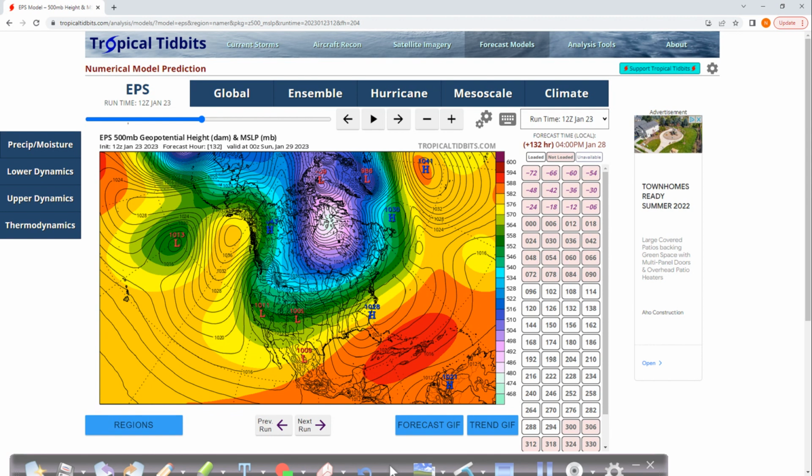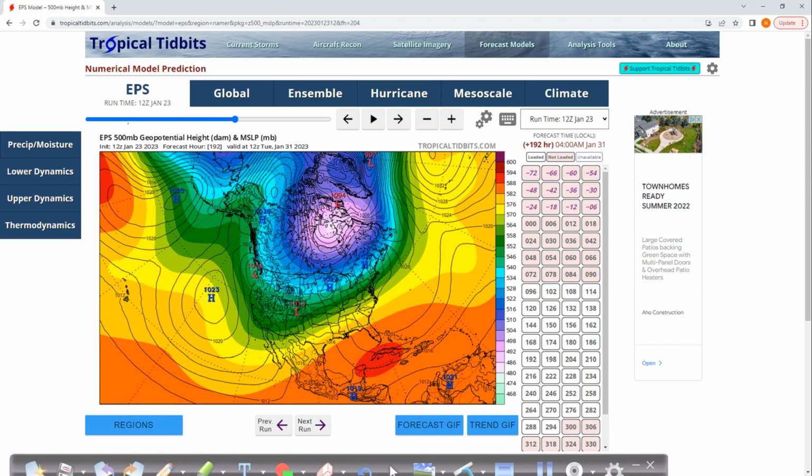But the average European model still has a low pressure system off the northwest coast here on Monday night and Tuesday morning in that cold air, which is pretty much what the operational European model was suggesting last night. So we could have another system coming through next Monday night, Tuesday time frame, but again, it's too early to really tell just because of all the model disagreement.